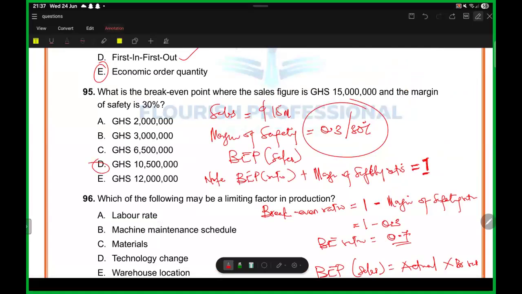So when you are given a question like this, understand the relationship that break-even ratio plus margin of safety ratio is equal to 100%, or equal to 1. So to find the break-even ratio, it is just 1 minus the margin of safety.